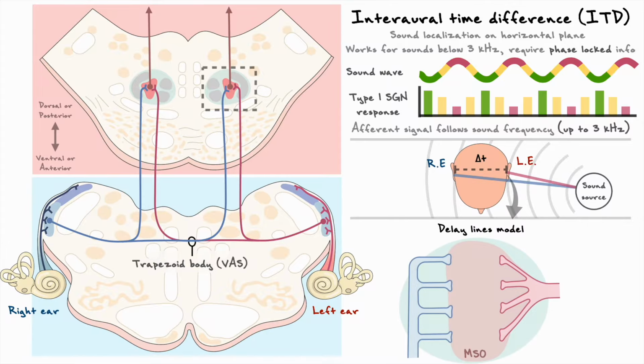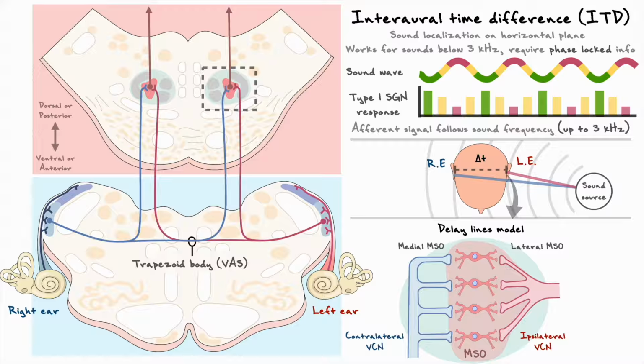If we zoom on the MSO of the left side, you can see that the ipsilateral bushy cells connect to the lateral side of the MSO, and the contralateral fibers that cross at the trapezoid body contact the medial side of the MSO. Inside the MSO, there is a population of bipolar neurons that receive the connection from the lateral and contralateral fibers.